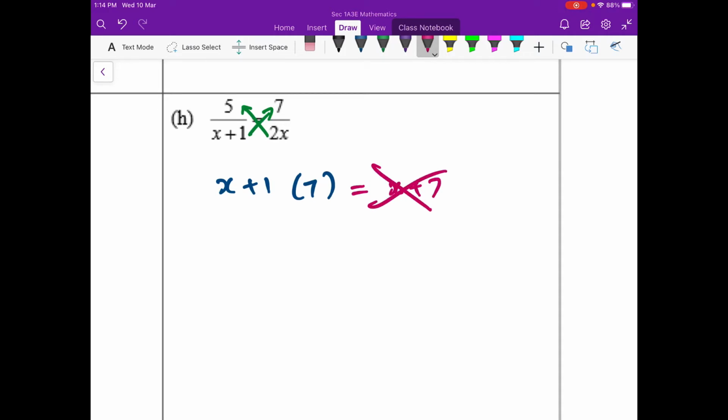This is incorrect. Now, how about if I write it the other way? I have 7 times x plus 1. Is this correct? 7 multiplied by x plus 1. See, your x plus 1 multiplied by 7, or rather 7 times x plus 1, same thing.